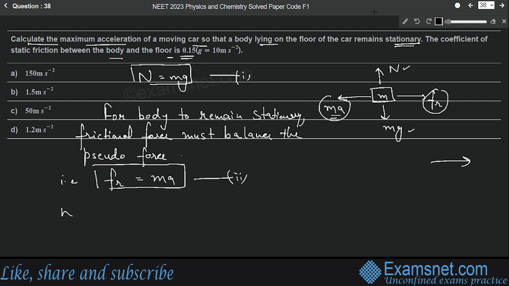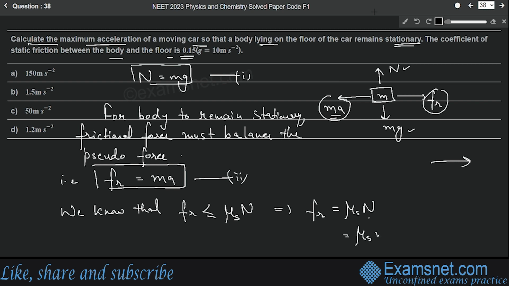Now we'll use the formula. We know that the frictional force is less than or equal to mu into N, where mu is the coefficient of static friction, so mu s, and N is the normal. So if we write Fr equals mu s into N, then from equation 1 we can write that N is equal to mg, so it will be mu s into mg. And from equation 2 we know that the frictional force is equal to ma.